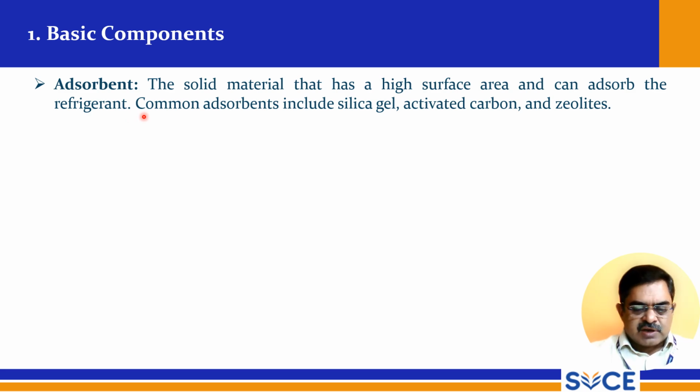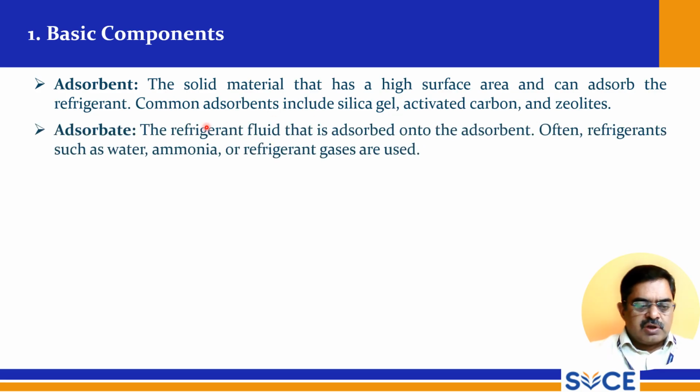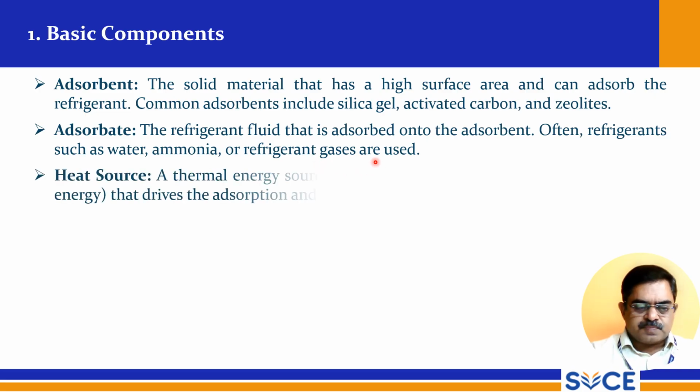That is the common principle used here. The common adsorbents include silica gel, activated carbon, and zeolites. The adsorbate is the refrigerant fluid that is adsorbed onto the adsorbent. Often refrigerants such as water, ammonia, or refrigerant gases are used.